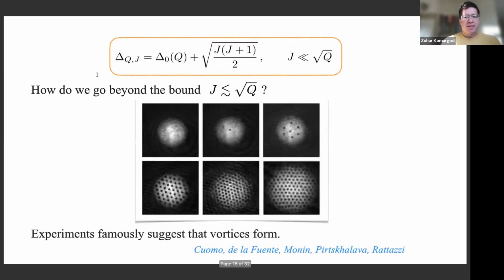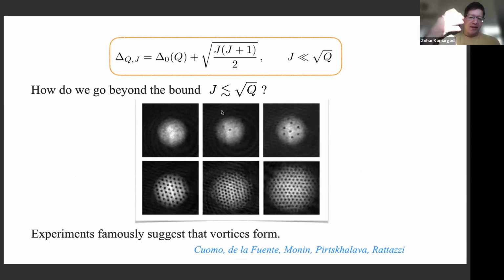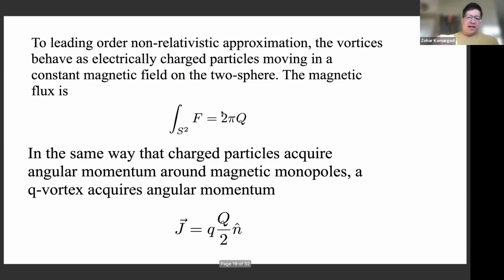So you can think about a superfluid in this language as providing a constant magnetic field for the vortices. And the vortices are like charged particles. So charged particles experience electric repulsion or attraction. And because they're moving in a constant magnetic field, they also experience Lorentz force.